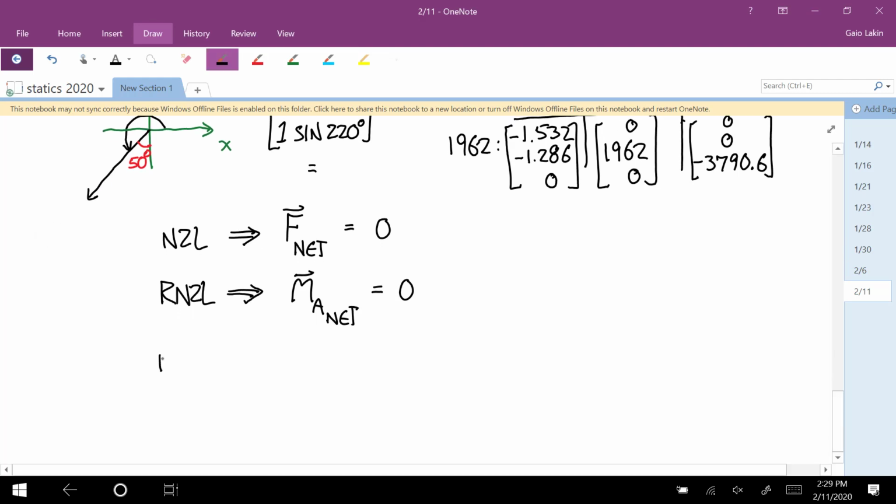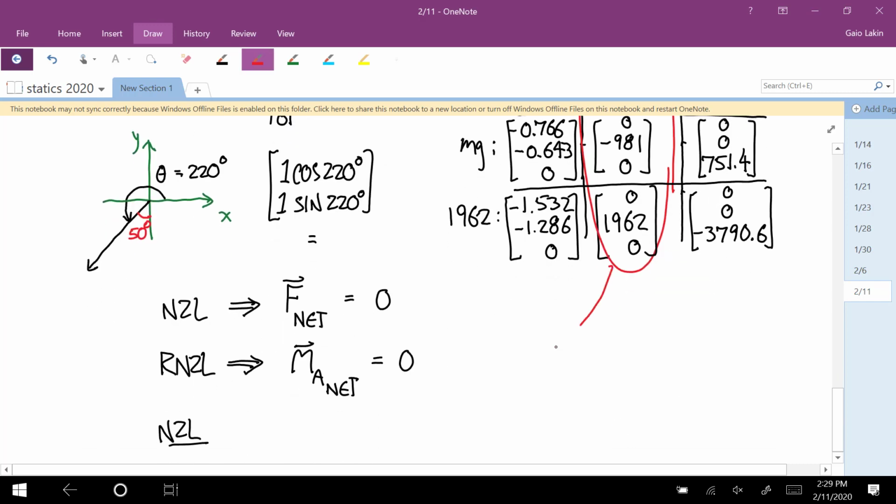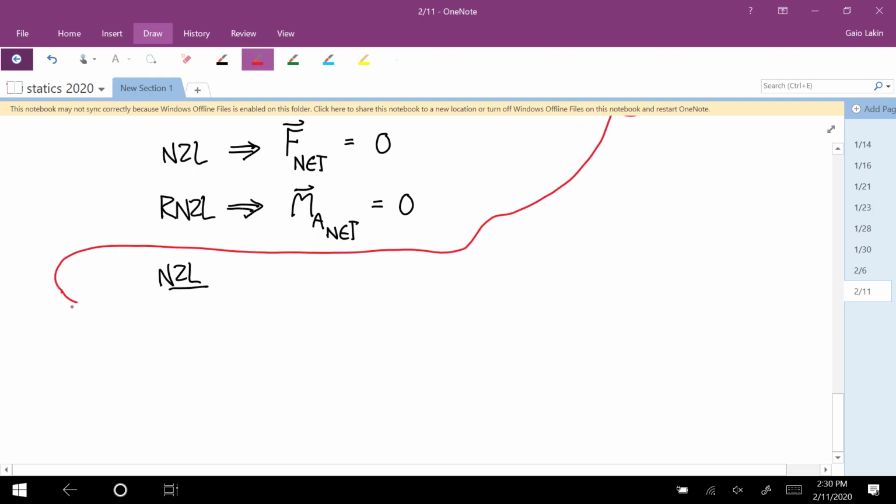So first, Newton's second law. We're going to take all of the forces here, and that's going to be the left side of Newton's second law.